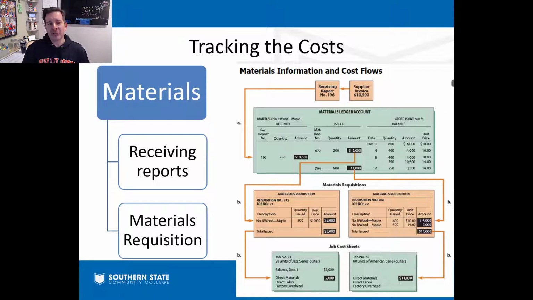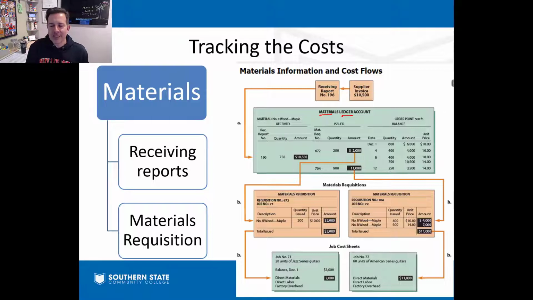A materials requisition is basically someone in the factory or on the line saying, hey, I need materials to get the production process started. And they get those materials out of raw material and they start them into production. So you can see here we have a couple of examples of these documents. We've got a materials ledger.